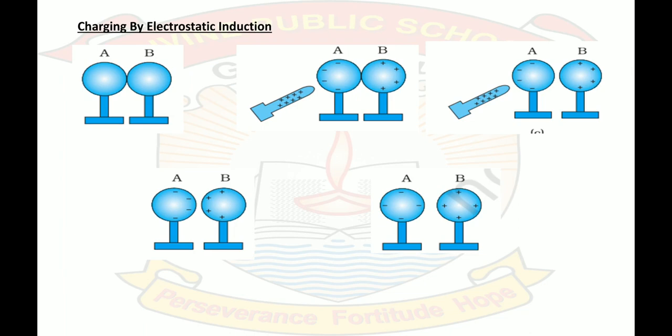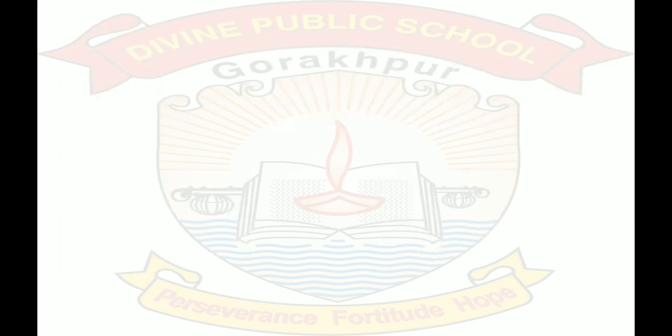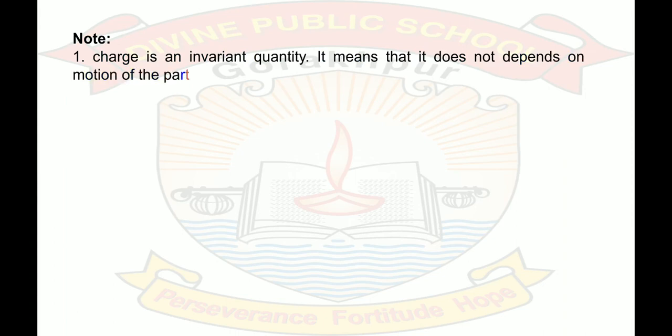Now some important notes regarding the charge. The first one is that charge is an invariant quantity. What do we mean when we say invariant? Sometimes the charge is compared with mass.